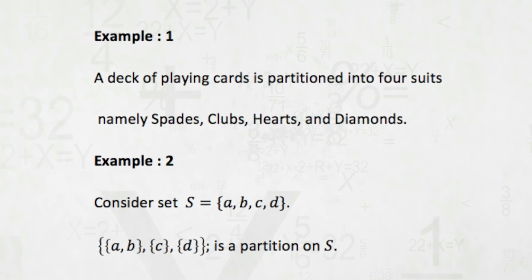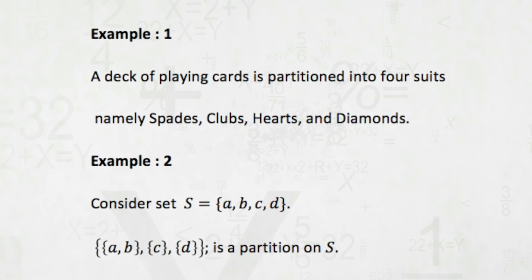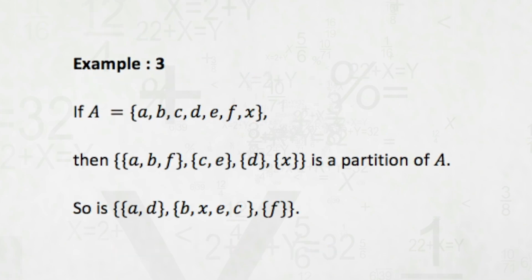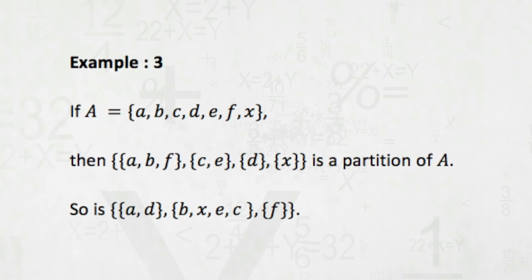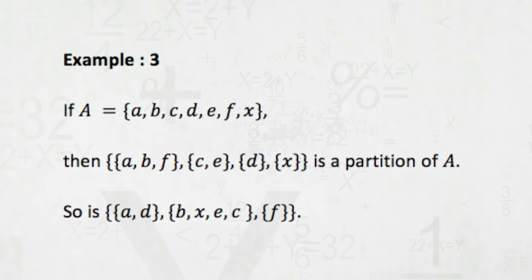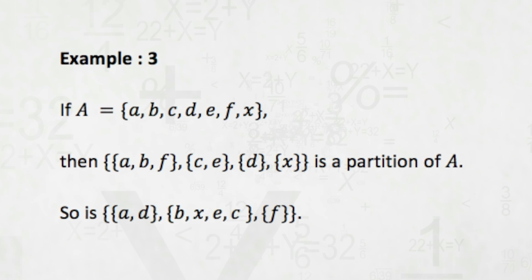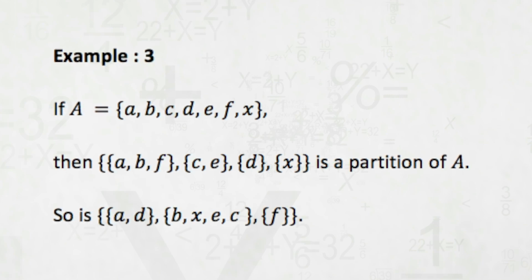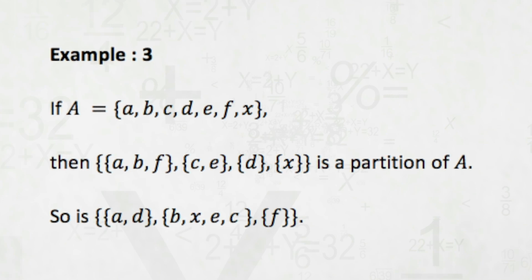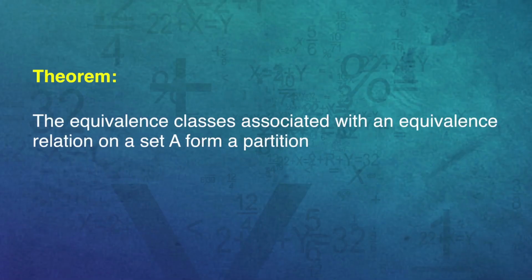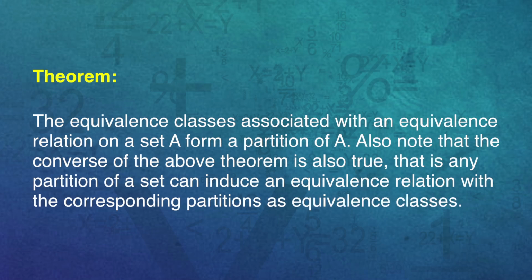Now, the set containing the subsets {a, b}, {c}, {d} is a partition of S. Example 3: if A is equal to the set {a, b, c, d, e, f, x}, then the set containing the subsets {a, b, f}, {c, e}, {d} and {x} is a partition of A. So is the set containing {a, d}, {b, x, e, c} and also {f}.